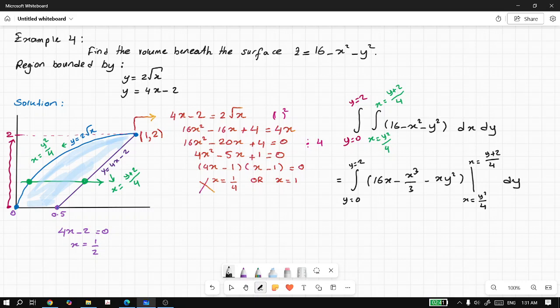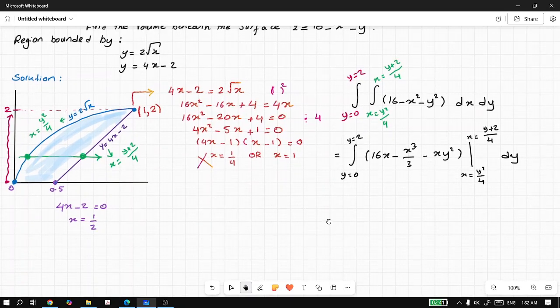Now inputting these limits instead of the x, we get another integral. I will leave this part for you because you're already familiar with how to solve these kinds of integrals.